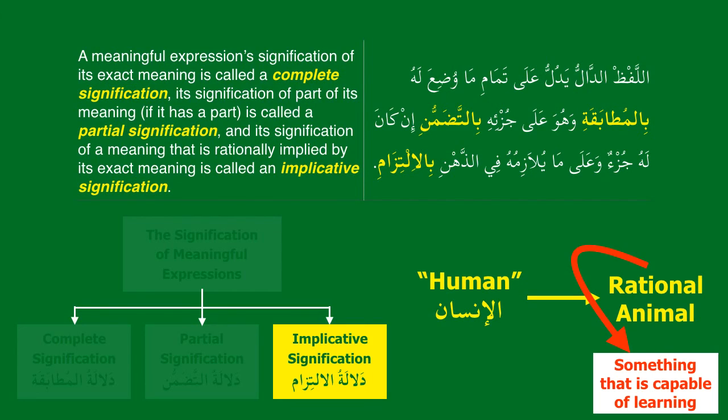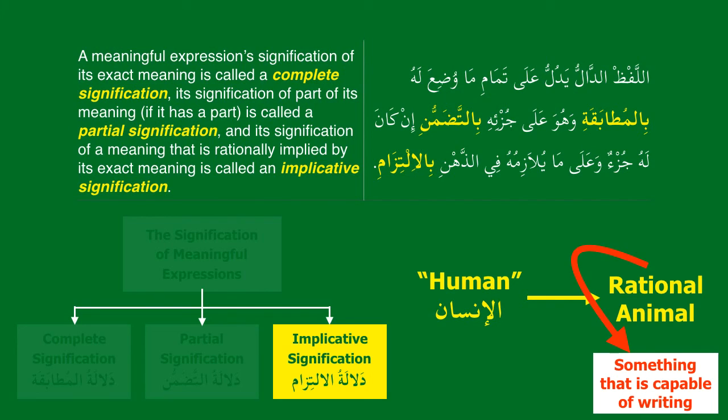We're going to take away the higher point, and the higher point is that the mental meaning of rational animal, the moment we conceive of it in our mind, the mere conception of this meaning leads to the conception of another concept, namely the concept something that is capable of learning. The mere conception of rational animal leads to the conception of something that is capable of writing.